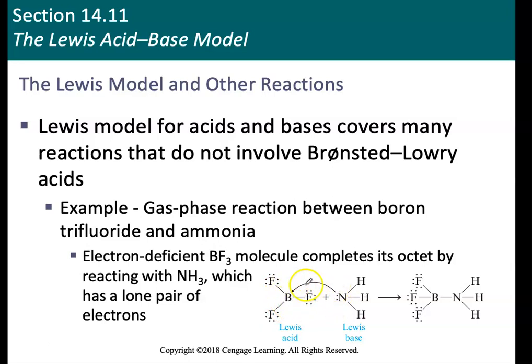So it will accept a pair of electrons to complete its octet. And that's why this acid-base reaction is best defined only by the Lewis definition. So this is an electron pair acceptor and this is the electron pair donor. And then we form this complex molecule.